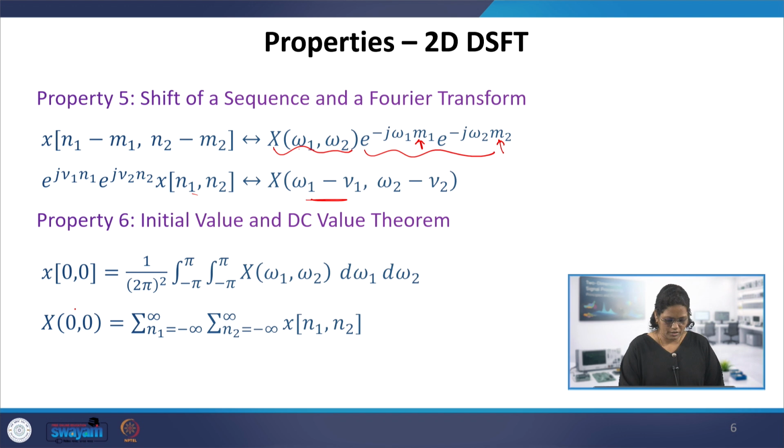Supposing you have the sequence, can we get the DC value? That's what we are doing. That is summing up. In 1D we had done in the previous example, summing up the values of all the discrete sequences. So in 2D similarly, n1 and n2 spreading from minus infinity to plus infinity, you can sum it over to get the DC value of it.